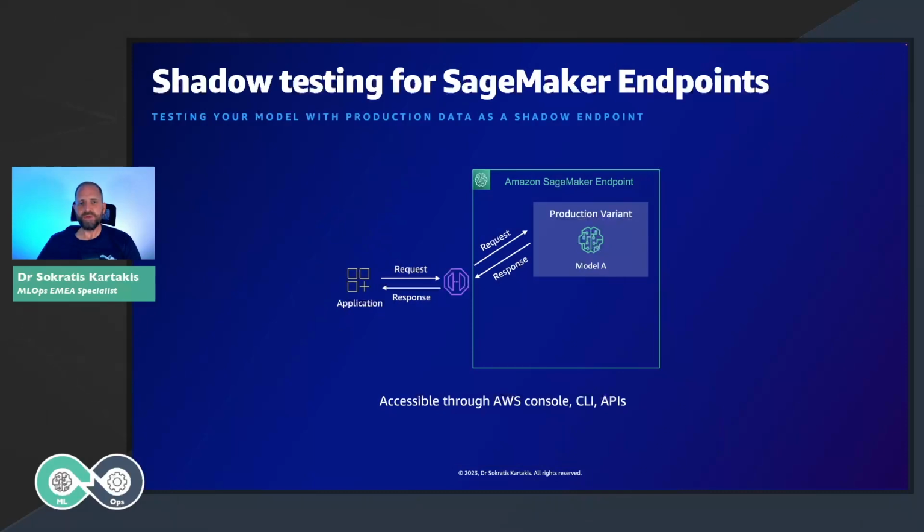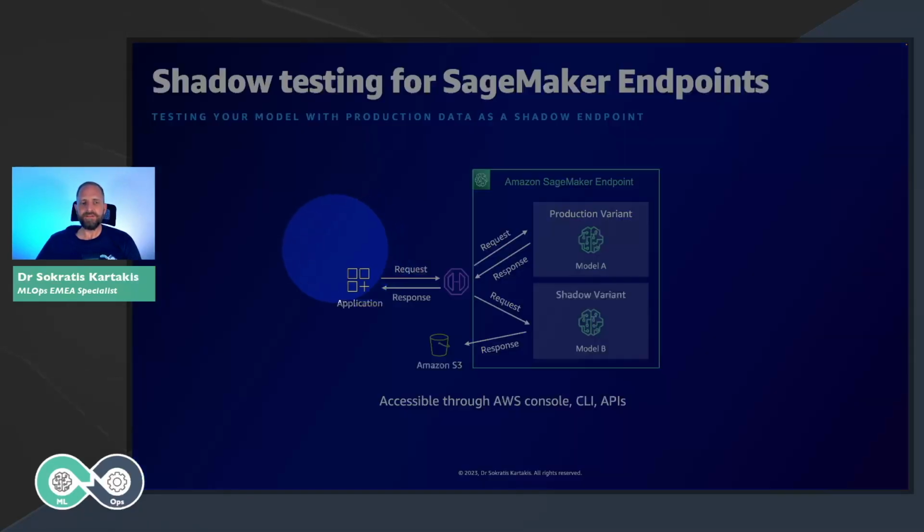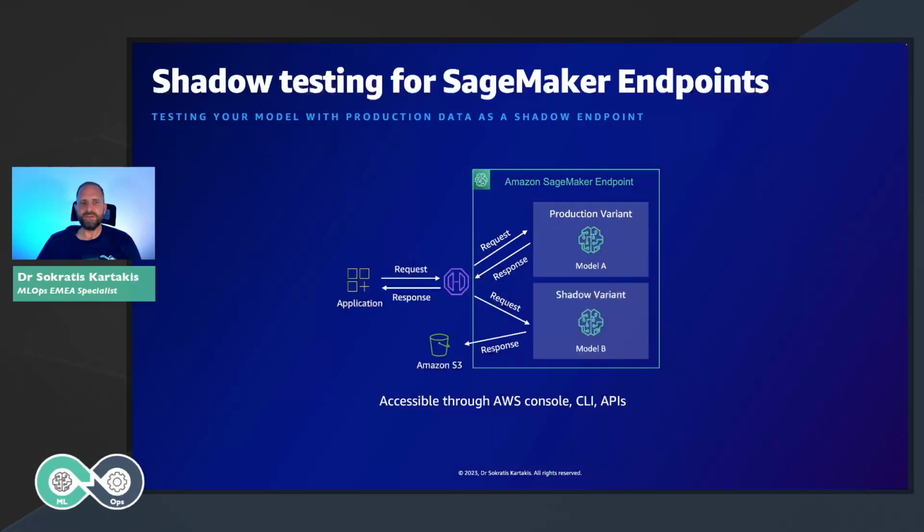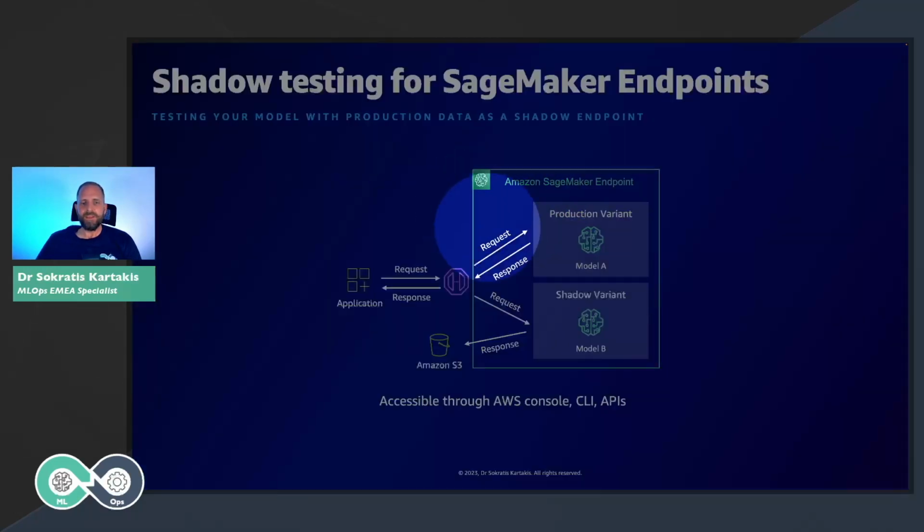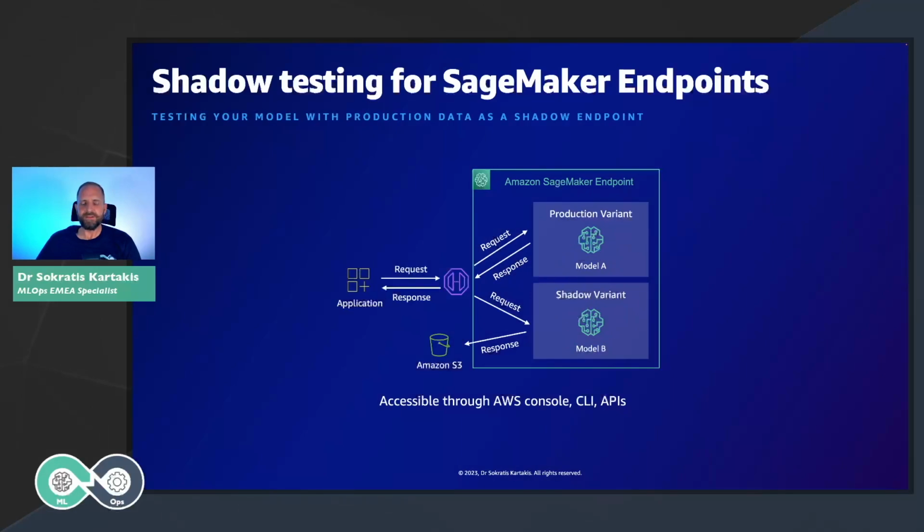Let's say that we want to have a shadow variant. SageMaker supports creating your own shadow variants and conducting tests. How can you conduct tests over there? What is happening is the application, when it sends the requests, goes to the one variant that is already the production-ready one. And SageMaker will send the request to the shadow variant as well.